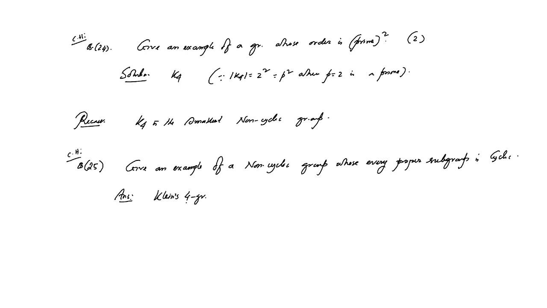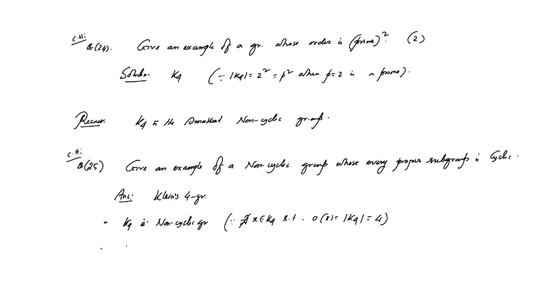Klein's 4 group is an example. K4 is a non-cyclic group, since there does not exist any x belonging to K4 such that the order of x equals the order of K4, that means 4. So that group is not cyclic.